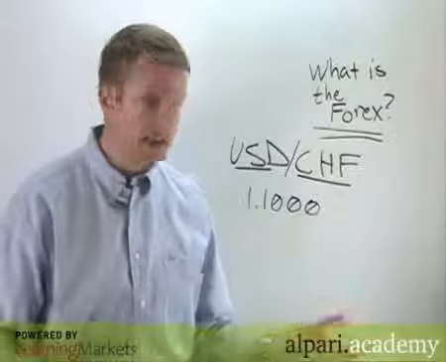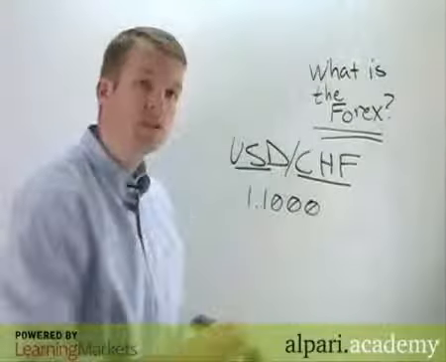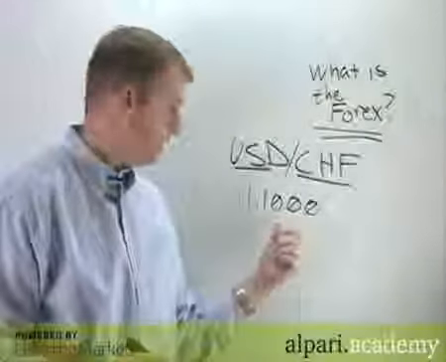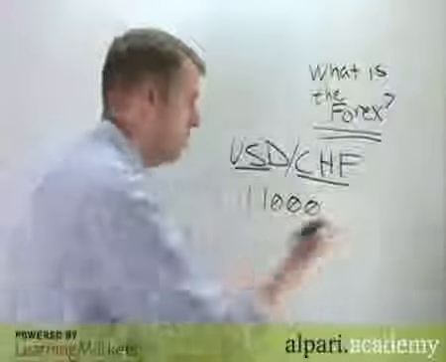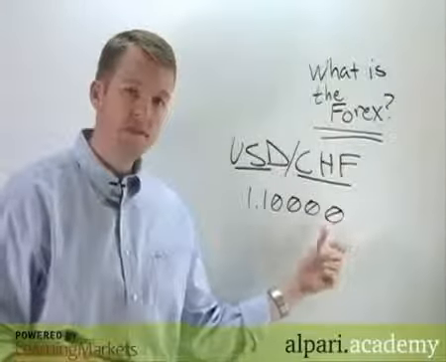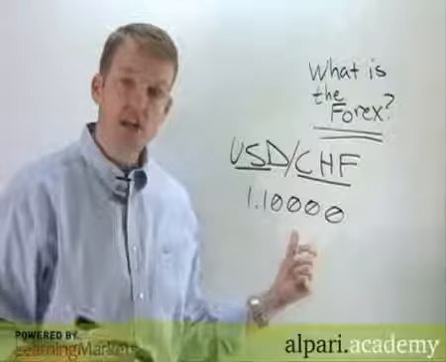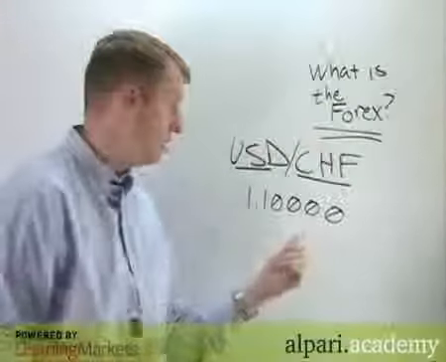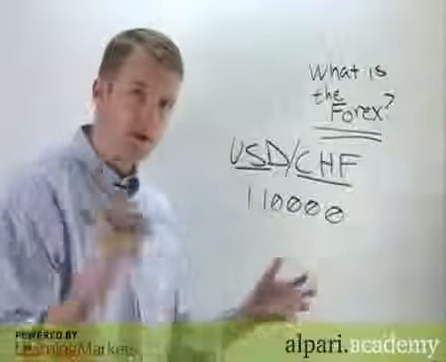Some time has elapsed, the relative value between these two currencies has changed, and they now have an exchange rate of 1.1000, or in some cases you'll see the quote taken out to the 5th decimal place. So it's changed. Essentially we've lost 1,049 pips in the exchange rate. It's actually dropped that much.